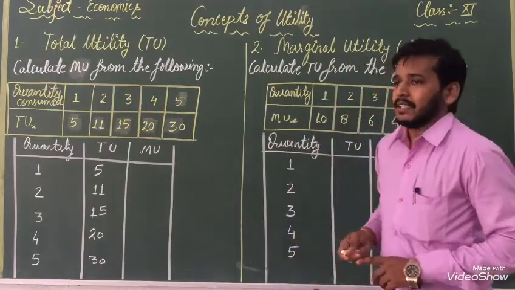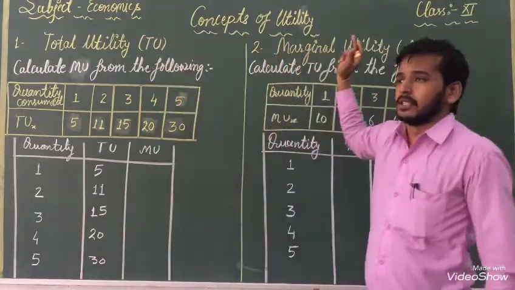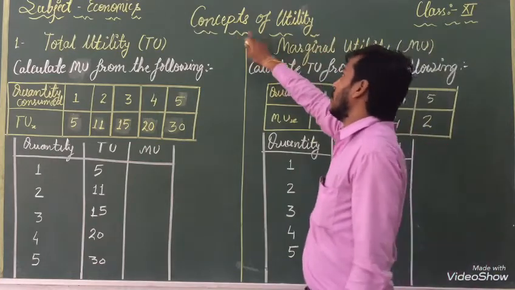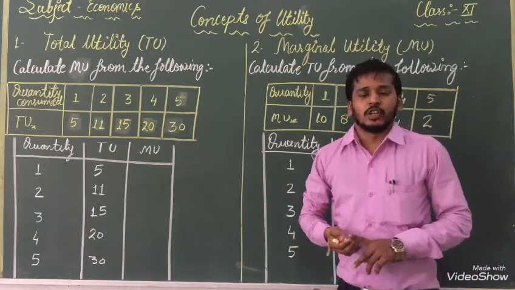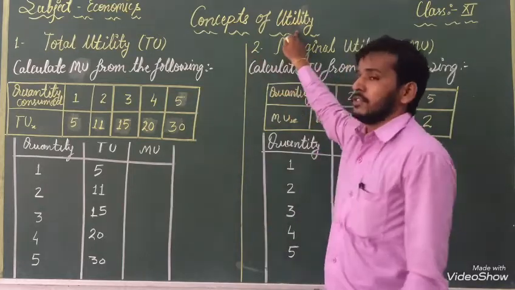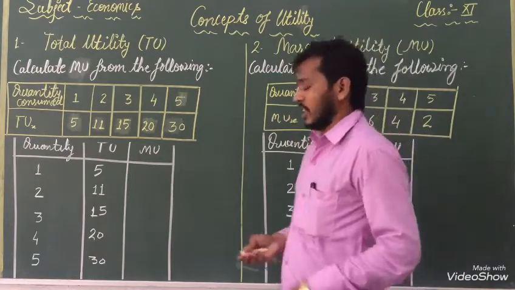Now, dear students, I will teach you today economics of class 11, and our topic is the concept of utility. In the last lecture, I told you about two types of utility.